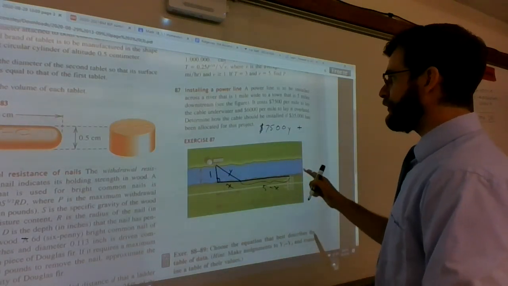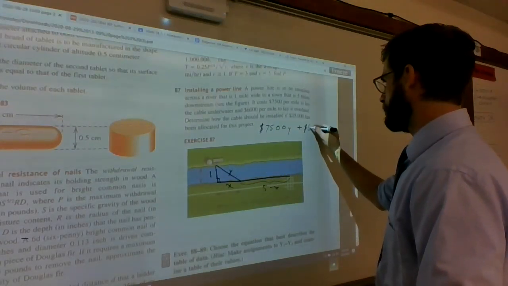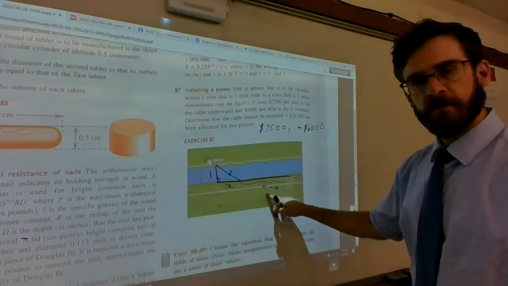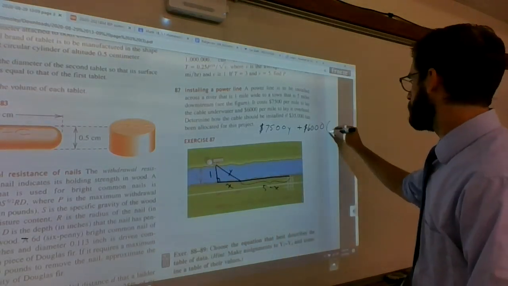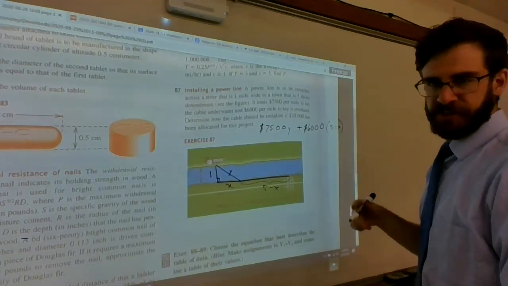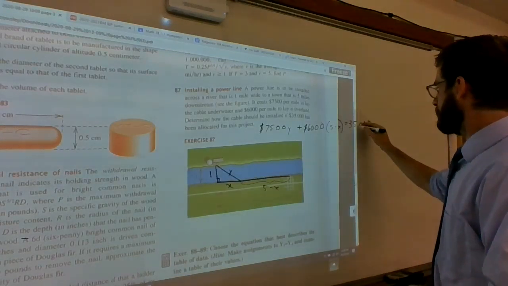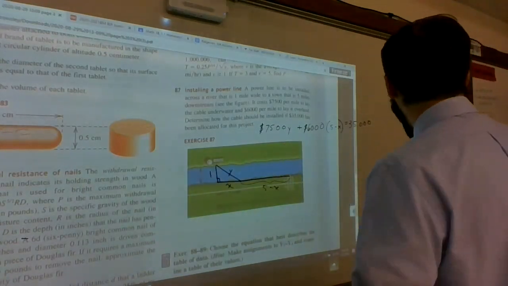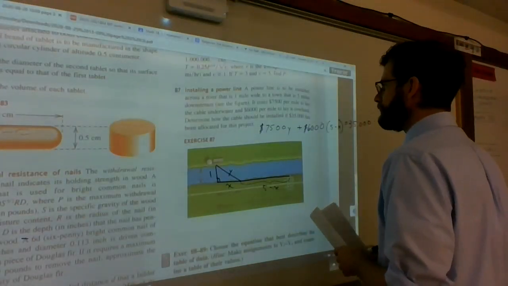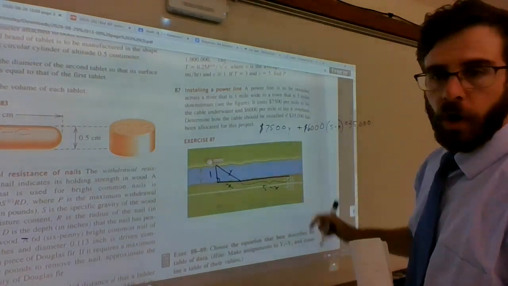If we add to that $6,000 times this distance right here, 5 minus x, we need $35,000 to be the equivalent cost. So we've got our first equation that relates x and y.